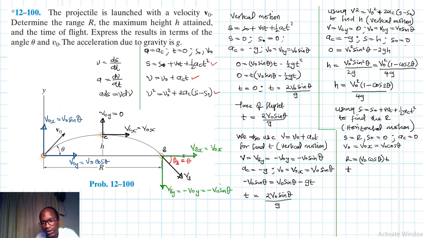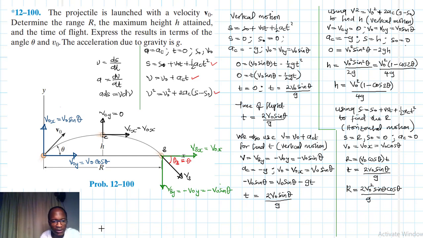And we know that we found our t as equal to 2v naught sine theta divided by g. So replacing this, we are going to have r equal to 2v naught squared sine theta cos theta divided by g.